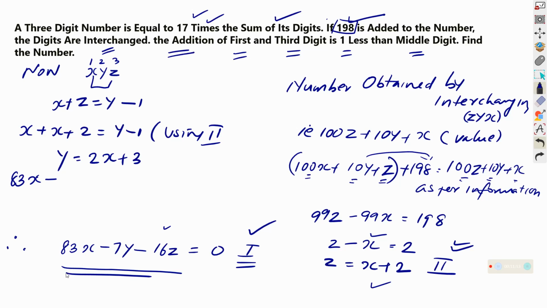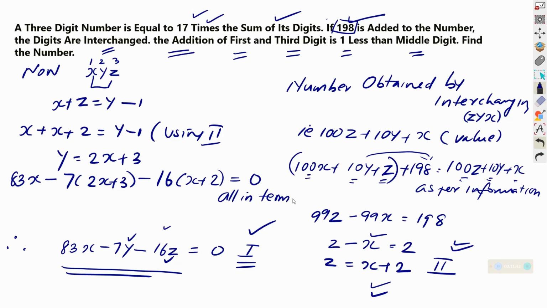So we will substitute y in the first equation, 83x, and in place of 7y we put 7 into 2x plus 3, and for z we wrote the equation z is equal to x plus 2. Now the whole equation became in terms of x. Now it will be easy because only x is there.